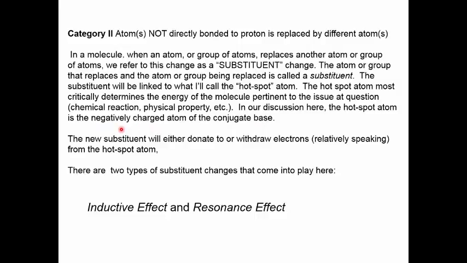Now, the new substituent will either donate or withdraw electrons. It'll either donate electrons to the hotspot atom or withdraw electrons away from the hotspot atom. There are two types of substituent effects that come into play here. One's called the inductive effect, and the other is called the resonance effect.